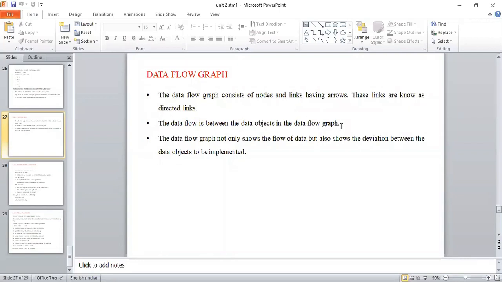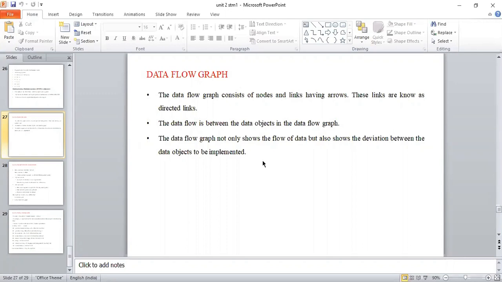The data flow graph not only shows the flow of data, but also shows the deviations between the data objects to be implemented. After completing the representation of the data flow graph, by seeing it we can understand how the flow is done from one data object to another data object.